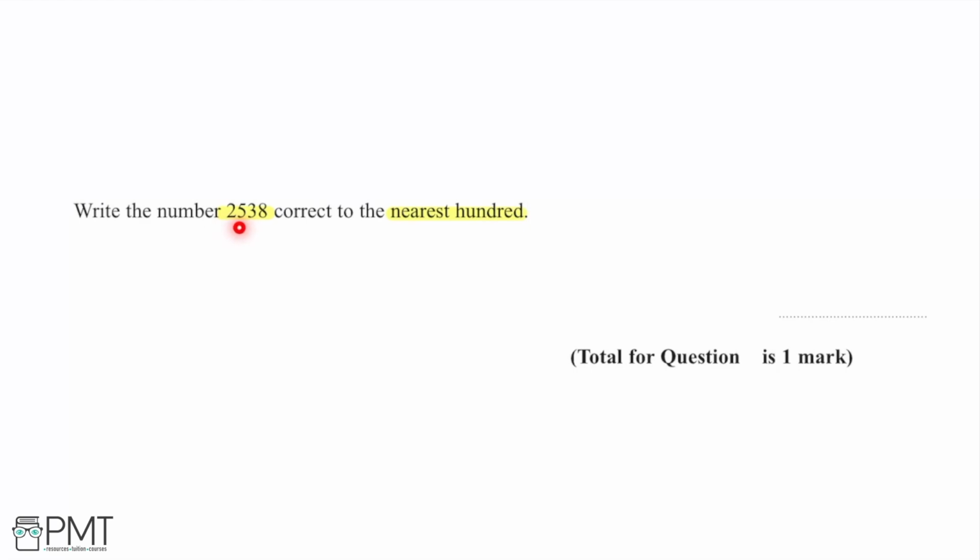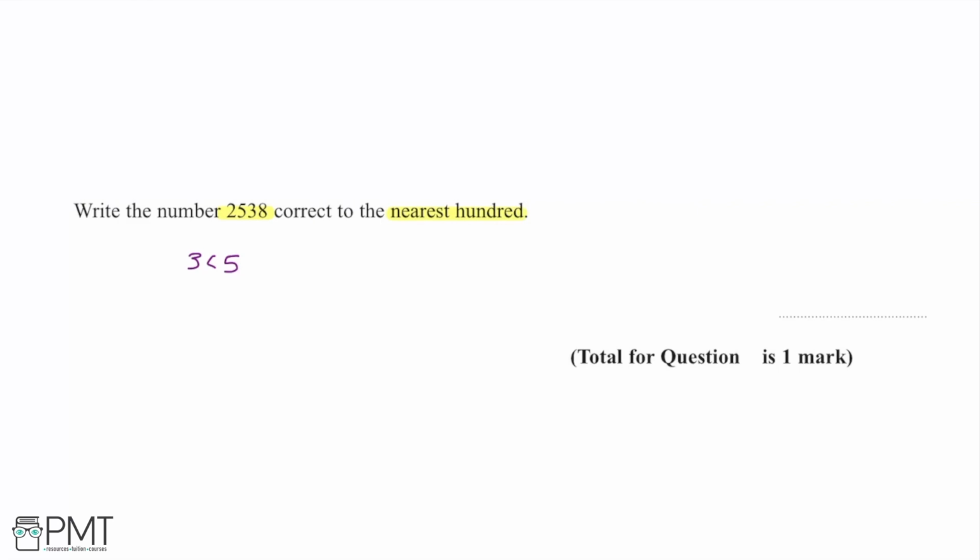So if we want to round it to the nearest hundred, we're either going to round down to 2,500 or round up to 2,600. And in order to determine if we're rounding up or down, we need to look to the number in the tens column, so this 3 here. And the 3 in this instance is less than 5, which means we're going to be rounding down.